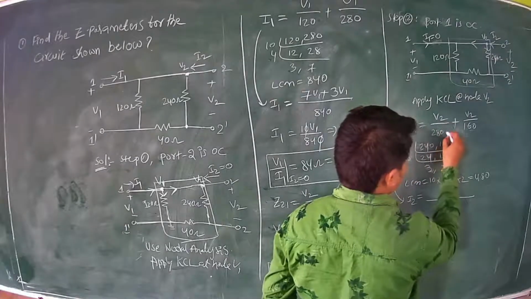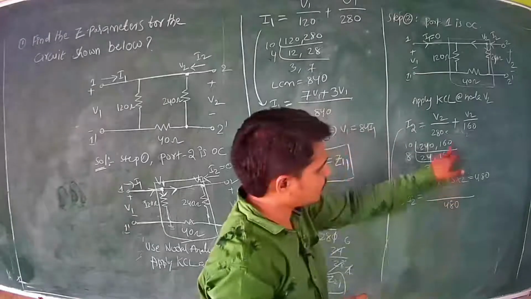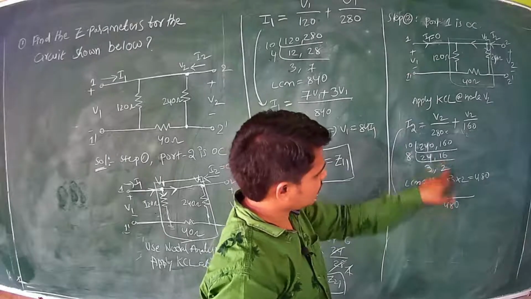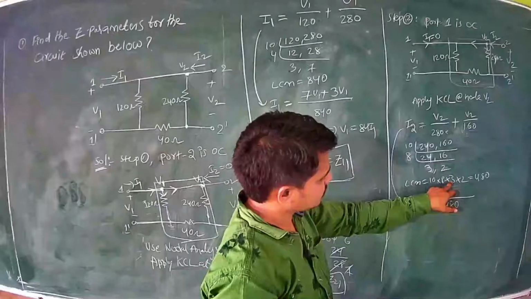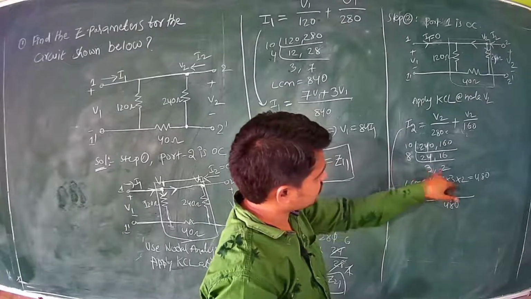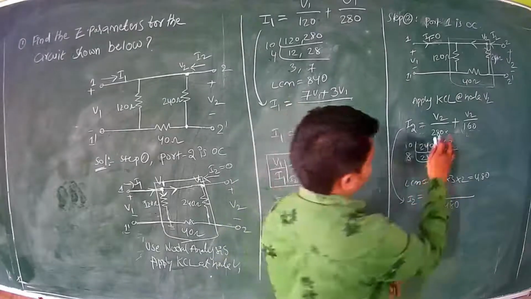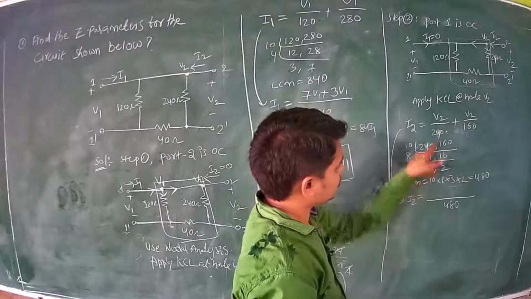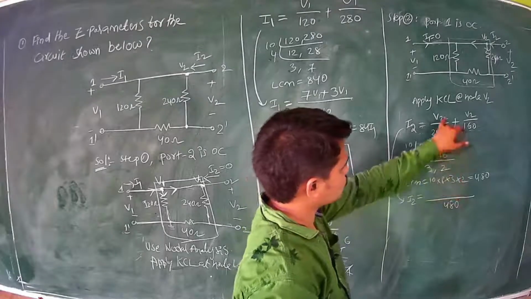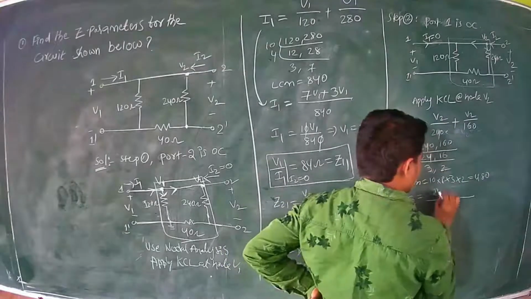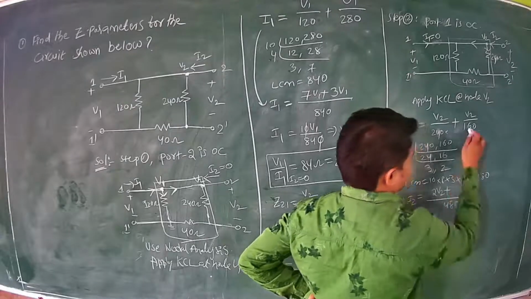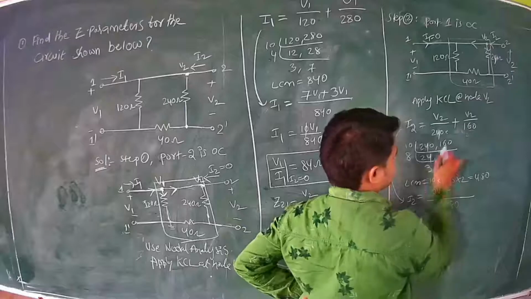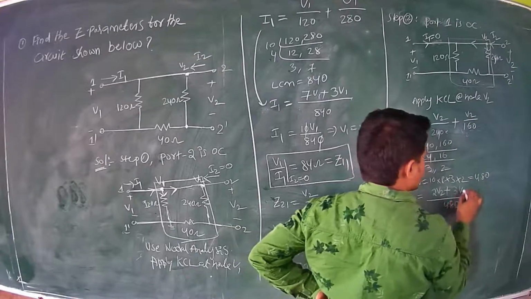So for 280, what do we have to multiply to get 480? 8 3s are 24, so this is 240, yes. Therefore you have to multiply with 2: 2V2, plus 160 is there, 16 into 10, that means multiply with 3: 3V2.